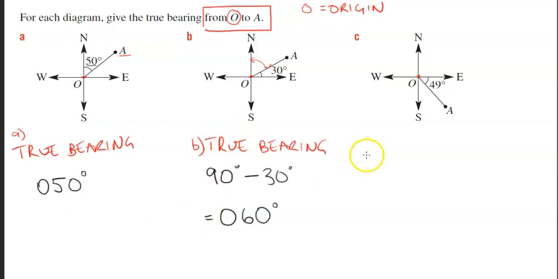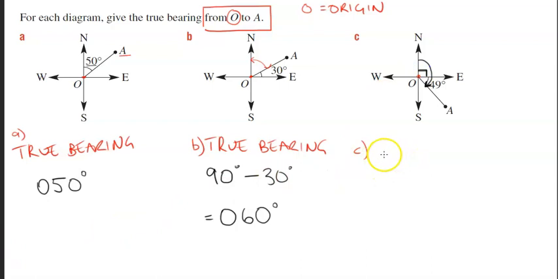And lastly, before we get to part 2, we're going to be looking at this point A being here, knowing that this degree is 49. So what we're looking for, starting at due north, going all the way down until we hit that line. Now some students say, oh yeah, that's easy, it's 49 degrees. Well, not necessarily. 49 degrees does have some importance within the answer, but you also have to include this chunk here, which is also 90.